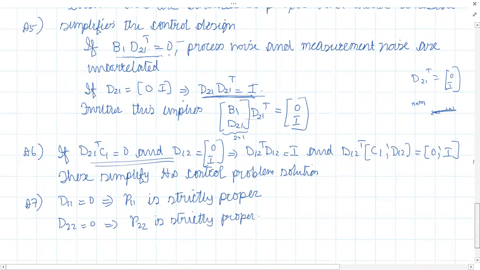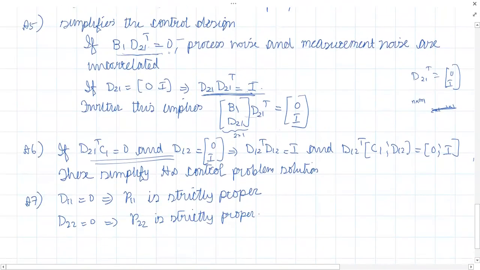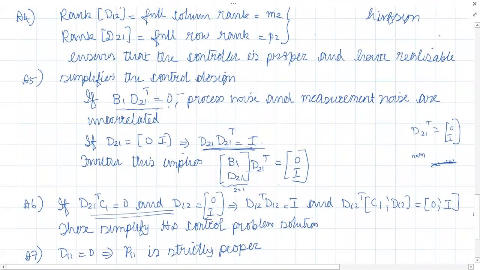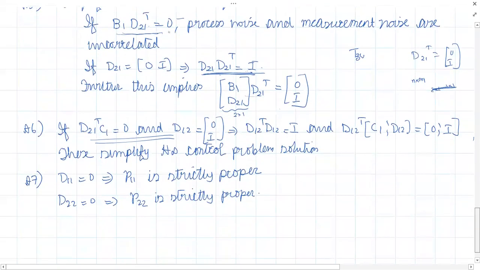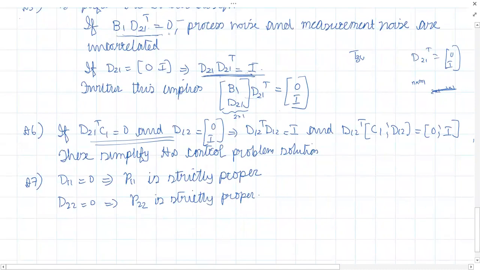Actually, A5, A6, and A7, these three are not needed, but they will simplify the equations for solution, and also the transformation between Z and W. So in some cases, you can go ahead with these A5, A6, and A7, but not in all cases, right?